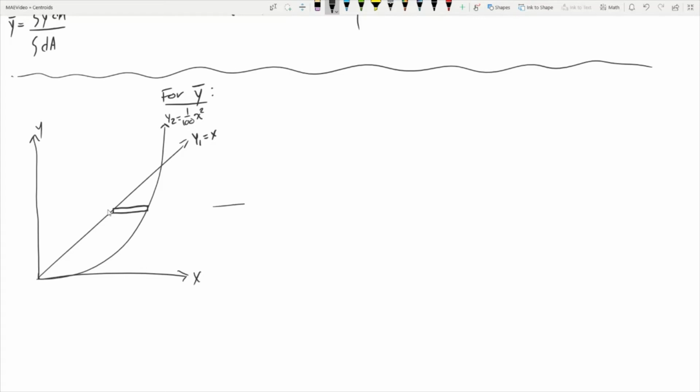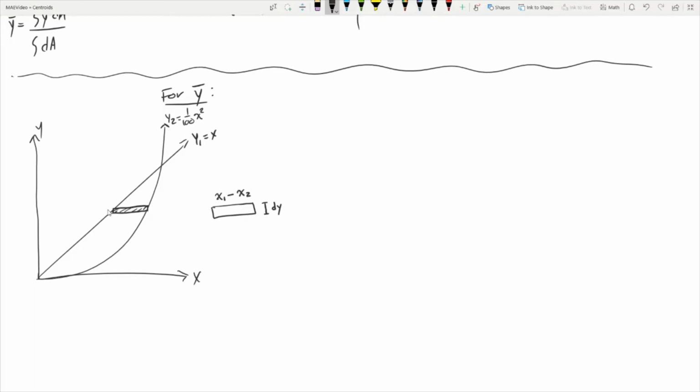So if I explode that horizontal rectangle out here, we're going to say that that rectangle has a thickness of dy, and the length is going to be x1 minus x2.